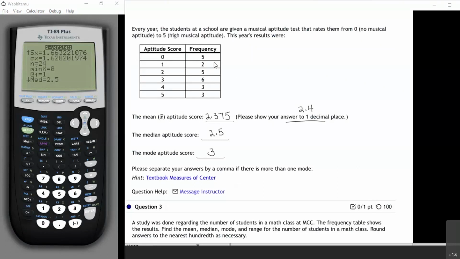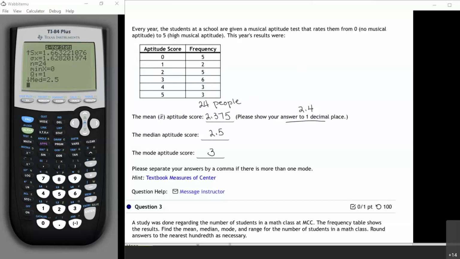So here's 12. That takes you to 2. Here's the other 12 on the other side. So your median is midway between 2 and 3. That's why it's 2.5. As long as your data is in order here, you just count down to the middle of your scores, because again, remember, this is a total of 24 people.